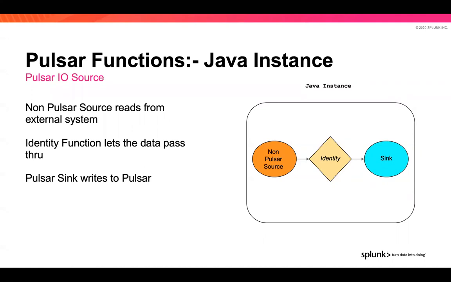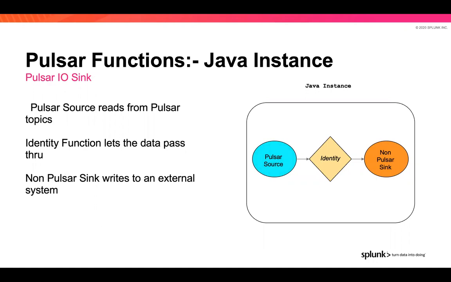The Java instance allows you to have a non-Pulsar source. It uses the identity function, which is just a placeholder for your function, and then writes out the data to the topic. So you basically can simulate a Pulsar function with this identity function in Pulsar IO and adapt to any other external source.